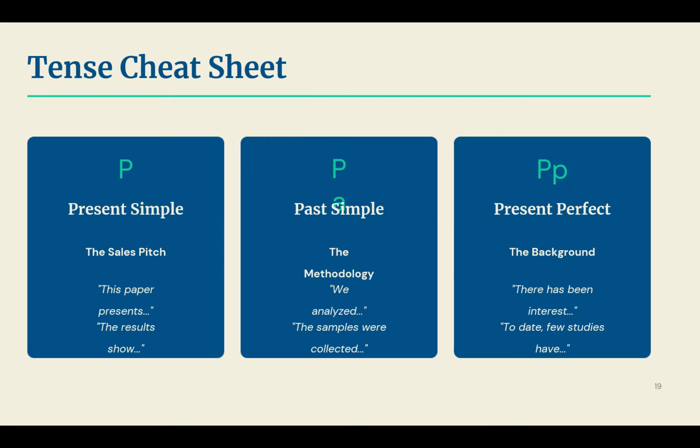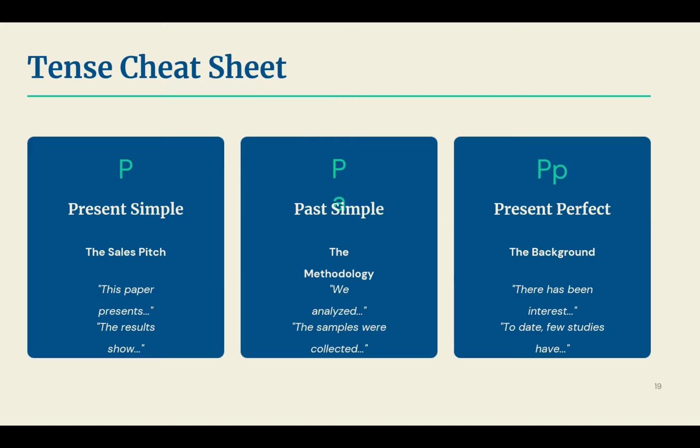How? Because it gives you the products that you created. This paper presents, the results show. So you are using present simple to pitch the sales points in your article: what you identify, what you investigated, and of course, what particular results you come through.